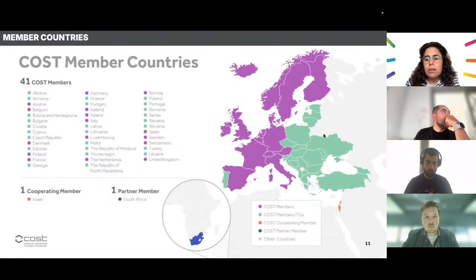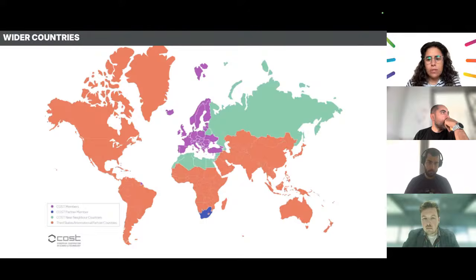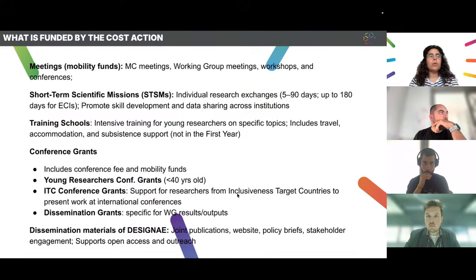It's mostly Eastern European countries, some of the South as well, and Portugal is considered an ITC country, and all in violet are non-ITC countries. They also have wider categories: COST Near Neighbour Countries, which is anywhere around or close to Europe, and third states or international partner countries, which is the rest of the world.